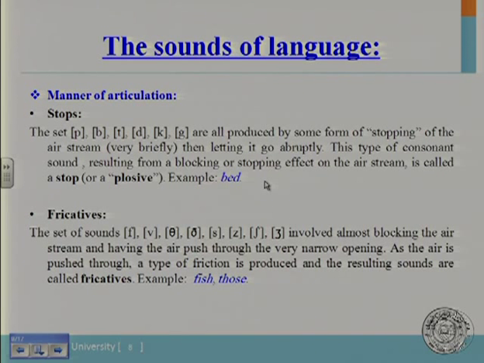Now, if you try to pronounce these, there is a blockage, but there is also a very narrow passage. The air goes out of this narrow passage, and when it does, we come to this sound.